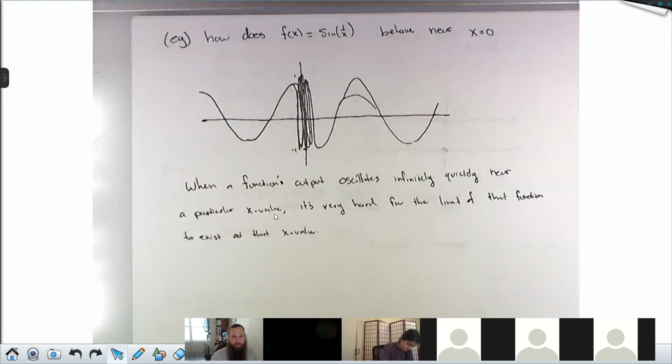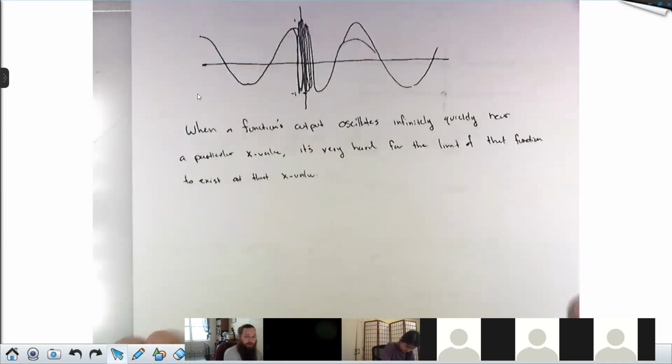And next time, we're going to begin class by looking at this function, sine 1 over x, and seeing why it's not possible for it to have a limit at 0. So this is actually section 2.4.